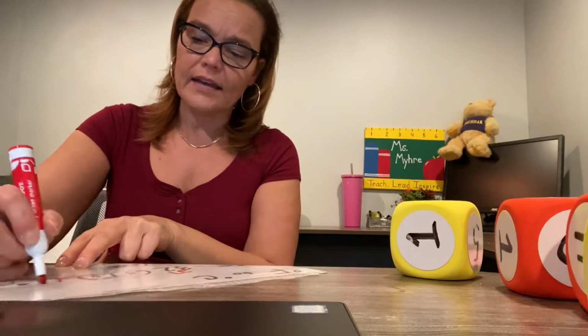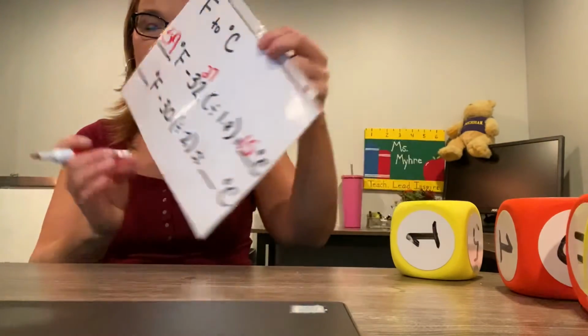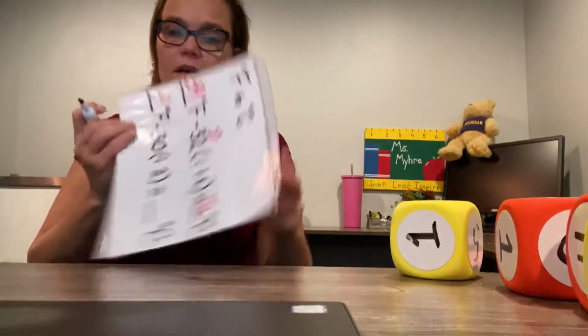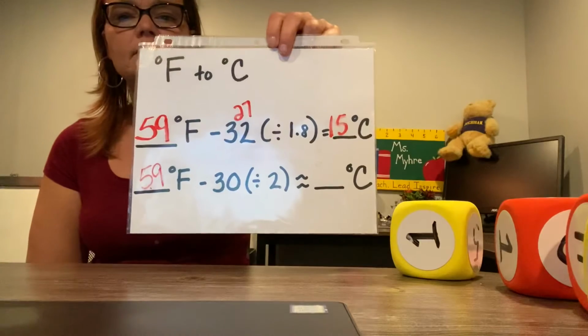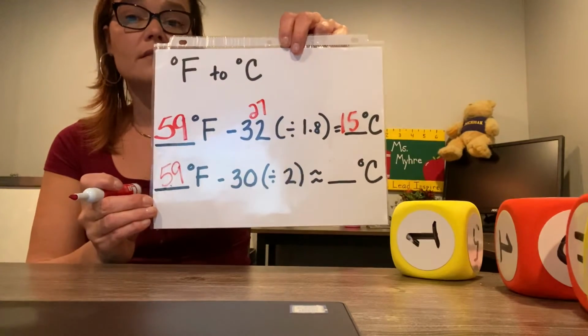Now, again, this is the exact temperature, but if you want to quickly do a formula so that you can kind of know approximately the temperature, this is the way to do it, the second method. So you take the degrees Fahrenheit, which again is 59. You subtract 30. So 59 subtract 30 is 29.